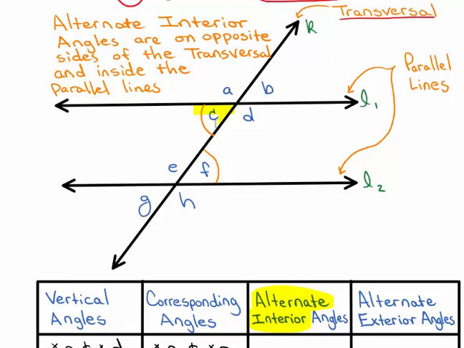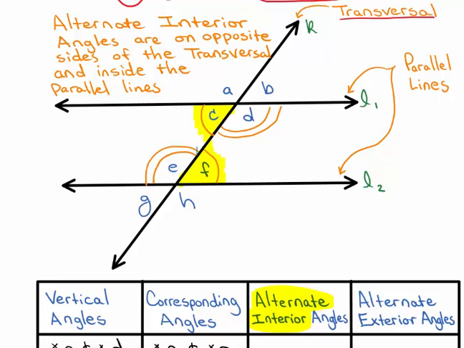So angle C and angle F have the same measurement since they are alternate interior angles. Angle E and angle D are also alternate interior angles.